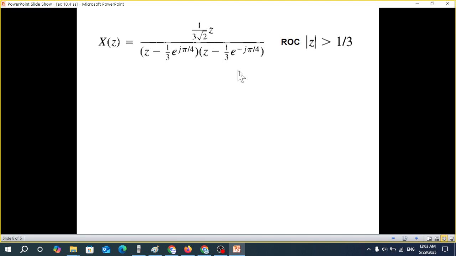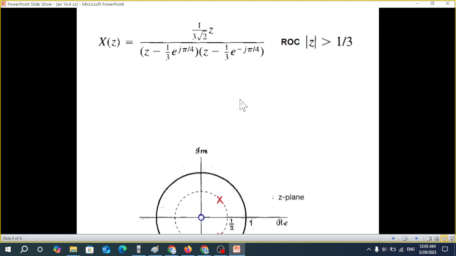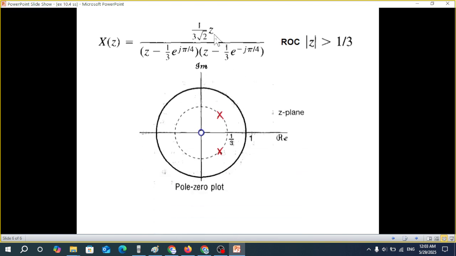So from this relation, we'll first of all plot the poles and zeros. The zero at the numerator: if z is equal to 0, that means it is at the origin. So this blue circle represents the zero. Then for the poles, from here you can see z will be 1 over 3 e^(j pi by 4).